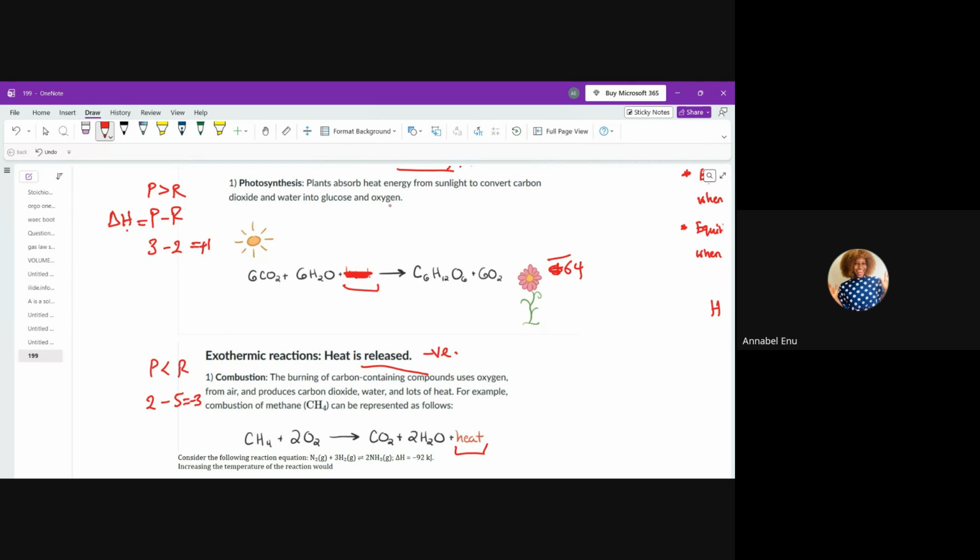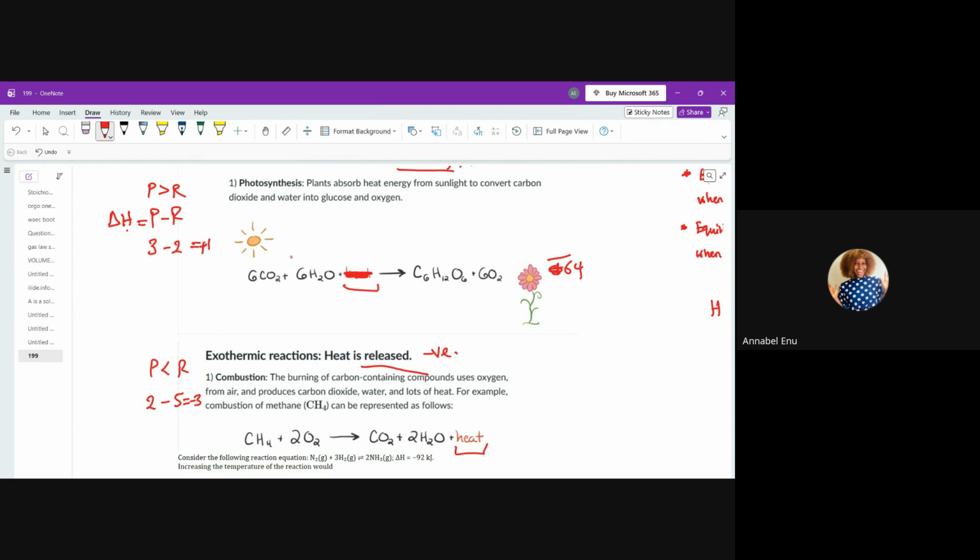Now, Melody, I said that a negative value of delta H implies an exothermic reaction, while a positive value implies an endothermic reaction. If the value is positive, that means it's endothermic. It means that the heat participated on the reactant side, not in the product, because it was absorbed during the reaction, that is, absorbed with the reactant.